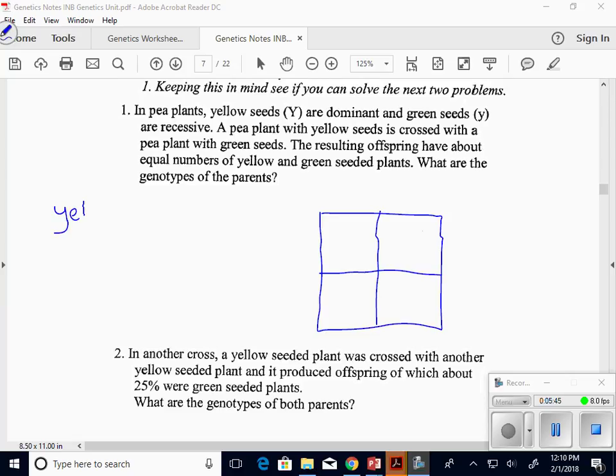Yellow seeds are dominant. So, what would be the genotypes of yellow seeds? A capital Y would be a yellow seed, right? Capital Y, lowercase y. Remember what the bar means I just put.